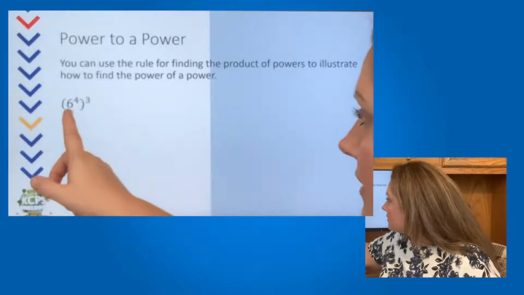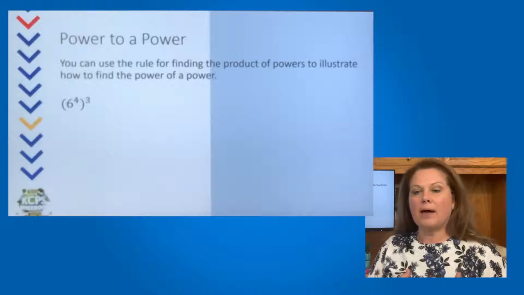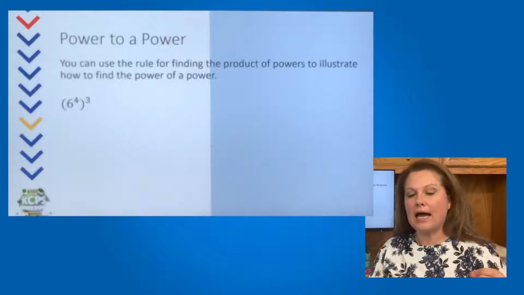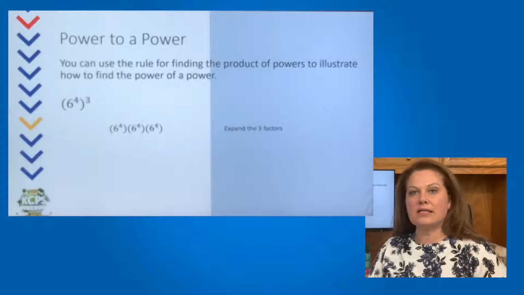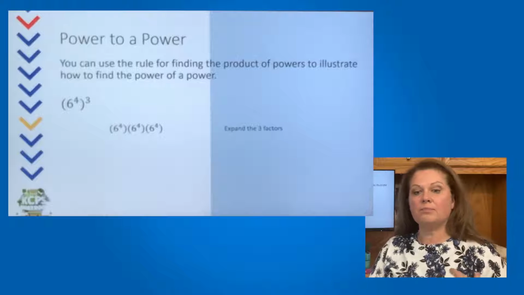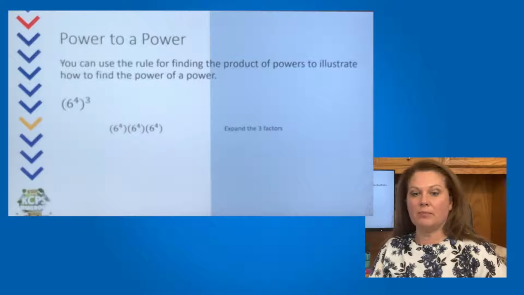That tells us that our 6 to the 4th power is actually working as a base. And our product of powers says if we can expand that out, it looks like this: 6 to the 4th power times 6 to the 4th power times 6 to the 4th power.